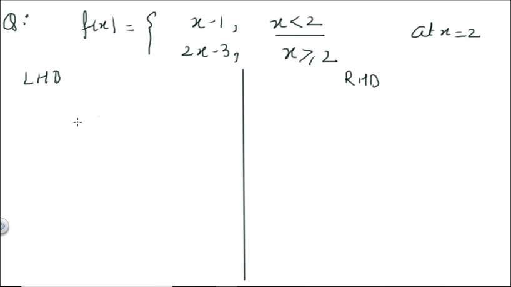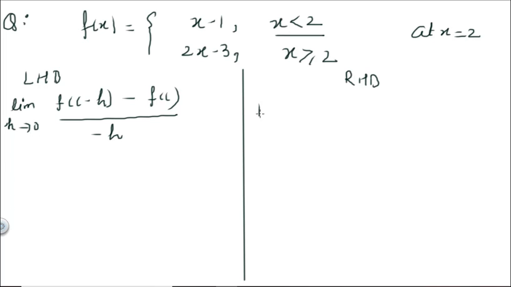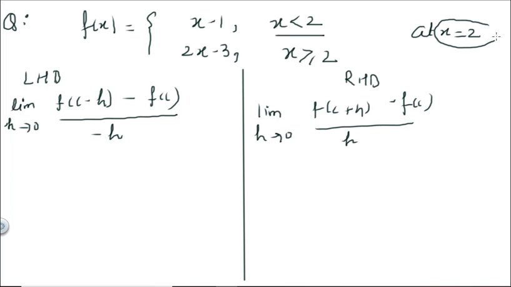See here how to write, because all the exercise questions are to be done in this way only, right? For LHD you will write the limit h tending to 0 of (f of c minus h minus f of c) divided by minus h, and here you will write the limit h tending to 0 of (f of c plus h minus f of c) divided by h. Now what is c here? c is 2 here, correct? c is the point 2.